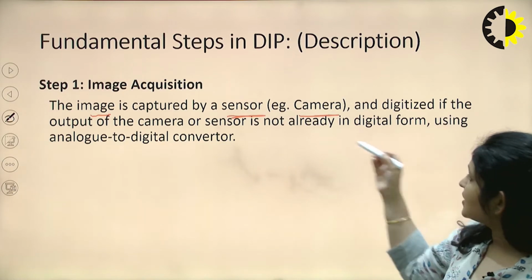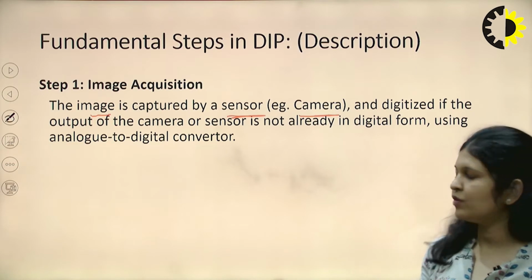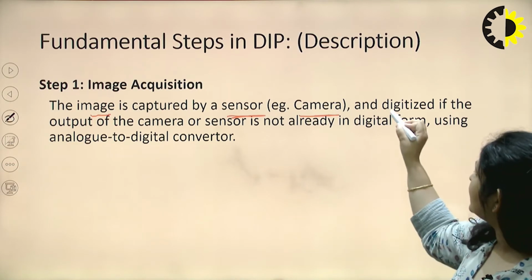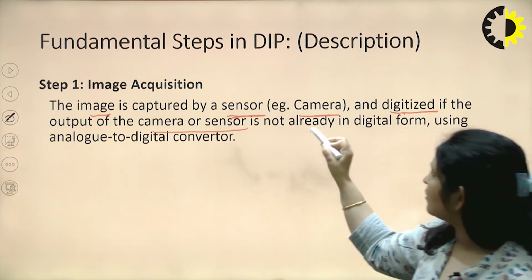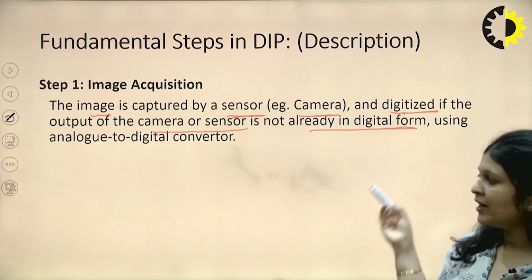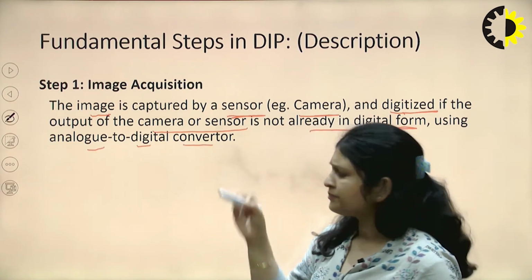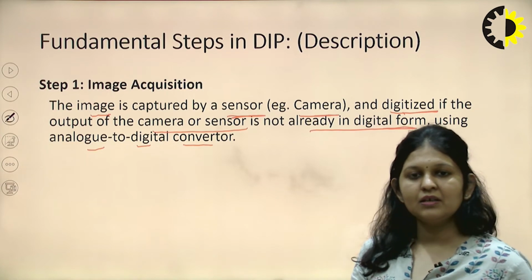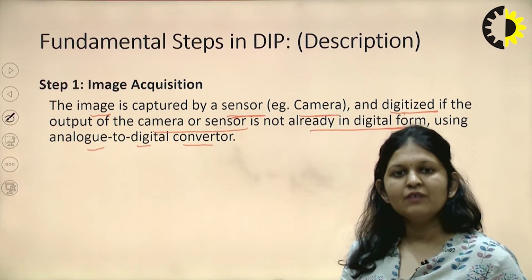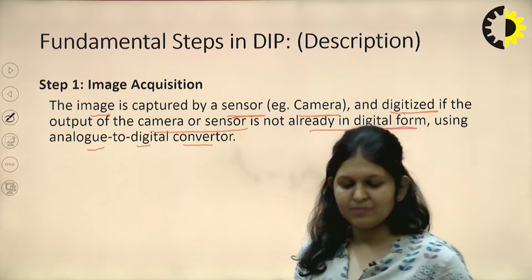These images capture the data related to the various traffic on the highway. Then we digitalize it if the output of the camera or sensor is not already in digital form. For that purpose, we require an analog to digital converter. When cameras capture the image, they give you an analog image. Then we require a device that would convert it into a digital image.